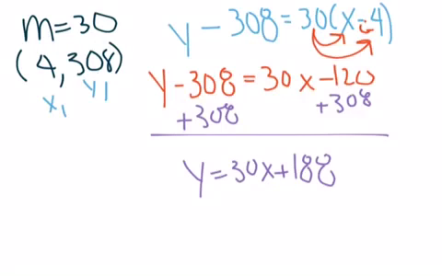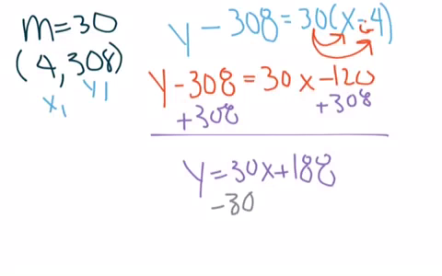Okay, and that's all you do. So that's a really simple version of it, where they give you the slope, they give you one coordinate, and all you do is plug in those numbers, and you solve, putting it in whichever form that they ask for. This time it was slope-intercept form. If they wanted it in standard form, all you have to do is what? What would you have to do there to get it in standard form? That's right. You guys are so smart.